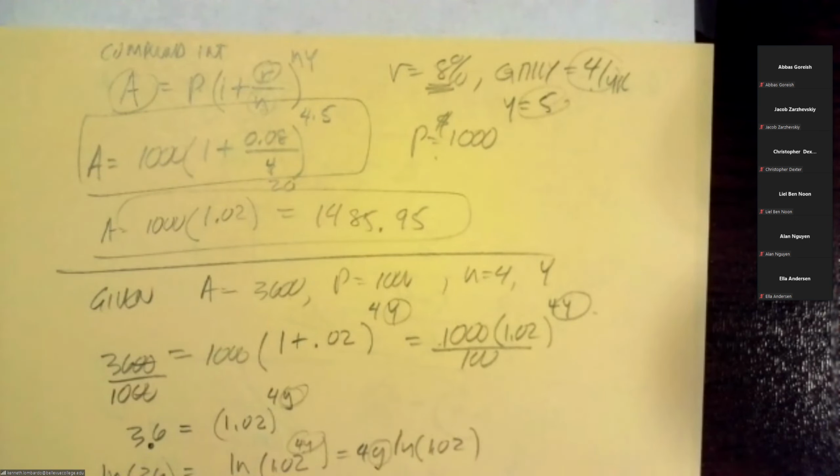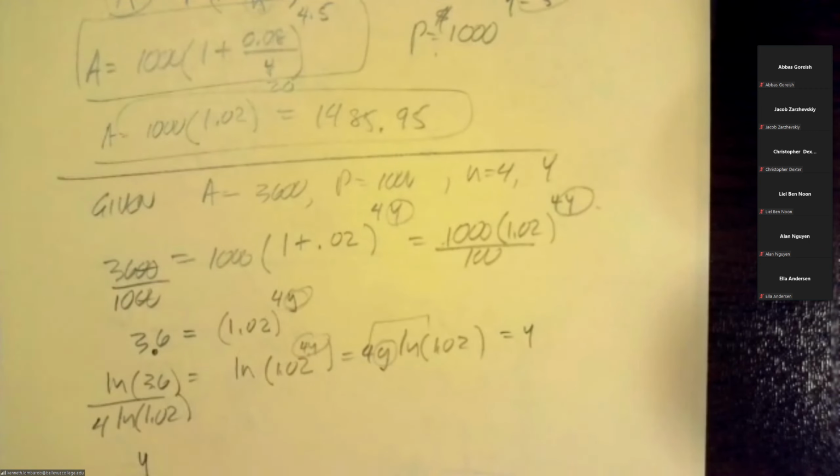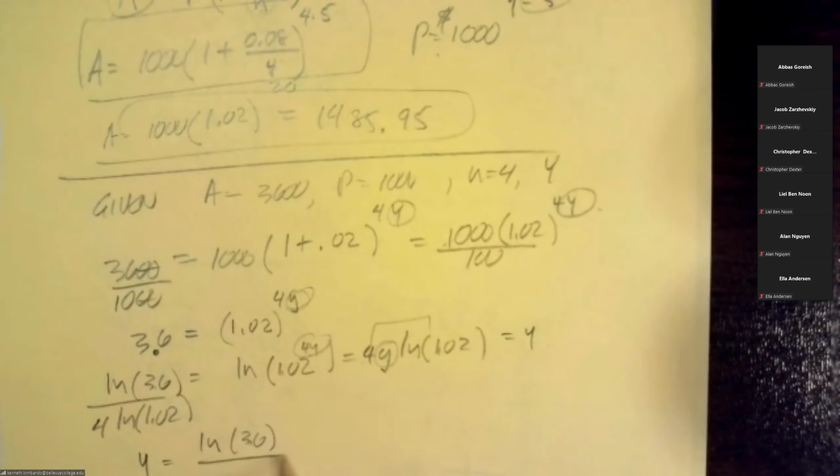And I'm trying to solve for y. So I'm going to divide through by 4 ln 1.02. And that's going to be equal to that y value that I'm looking for. So if I rewrite it, y equals the ln of 3.6 over 4 times the ln of 1.02, like that.